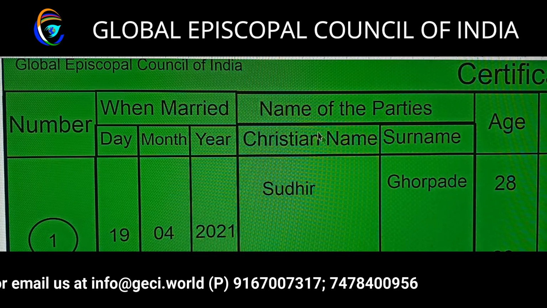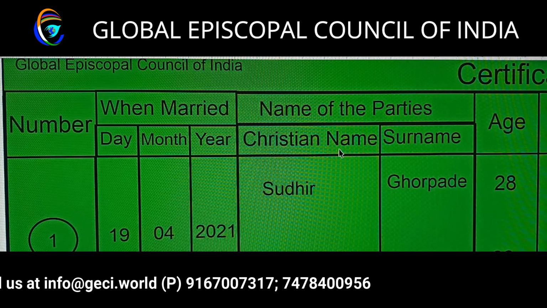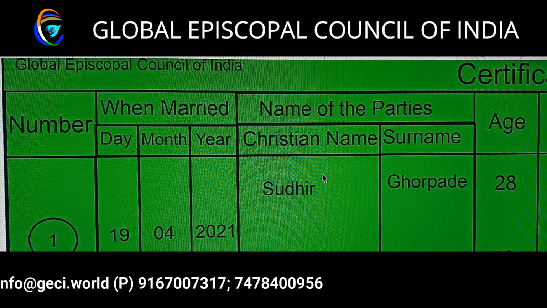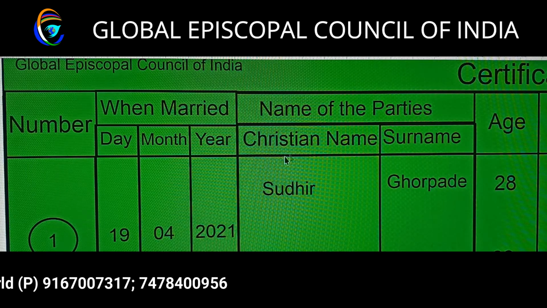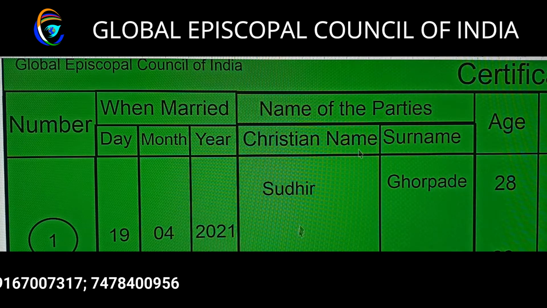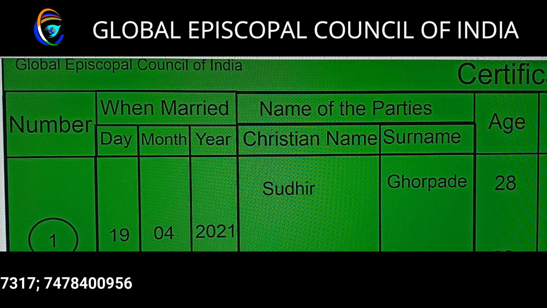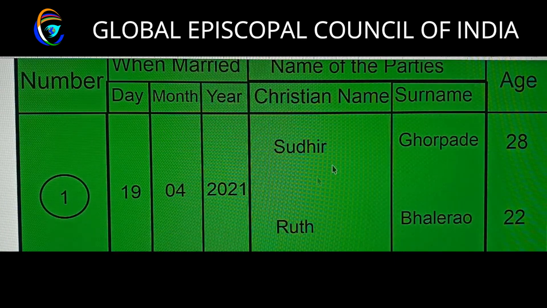After that comes the name of the parties, that is Christian name and surname. I have already mentioned in detail what Christian name means. Then you have the boy's name first, then the girl's name. Of course, some states put the girl's name first and the boy's name after. No problem, no issue, but just see that you keep a gap. It looks neat.